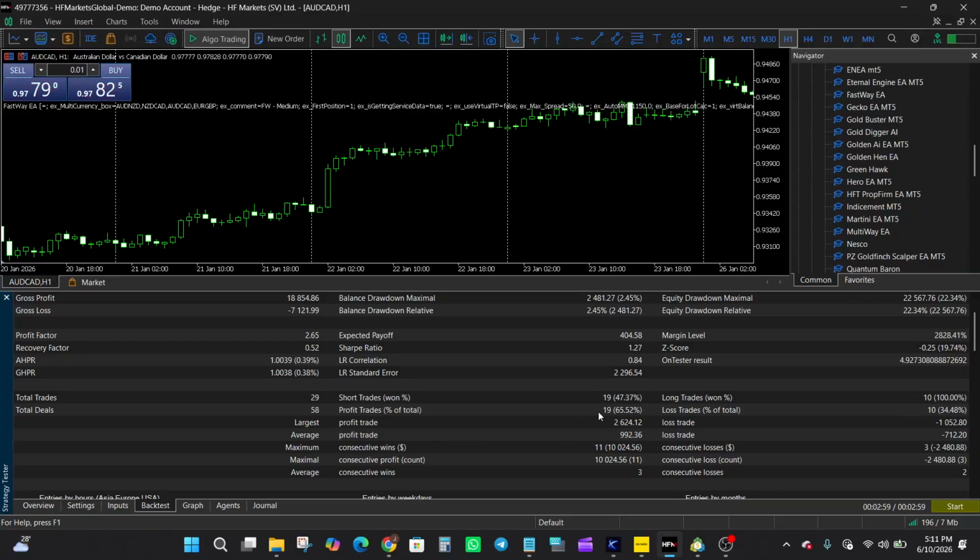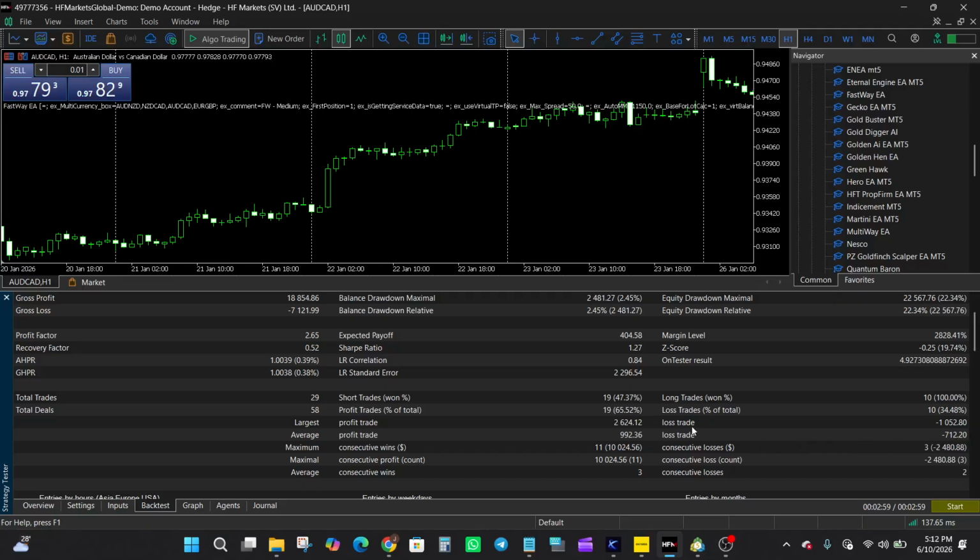But then looking at the total profitable trades, there were 19 out of 29 trades, right? So means that the general win rate is about 65.52%, which is okay. Largest profit 2,624.12, largest loss 1,052.8. The average profit is 992.36, while the average loss 712.2.